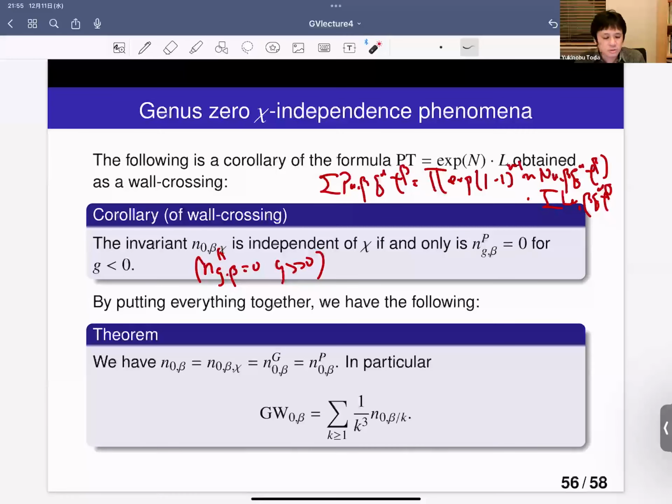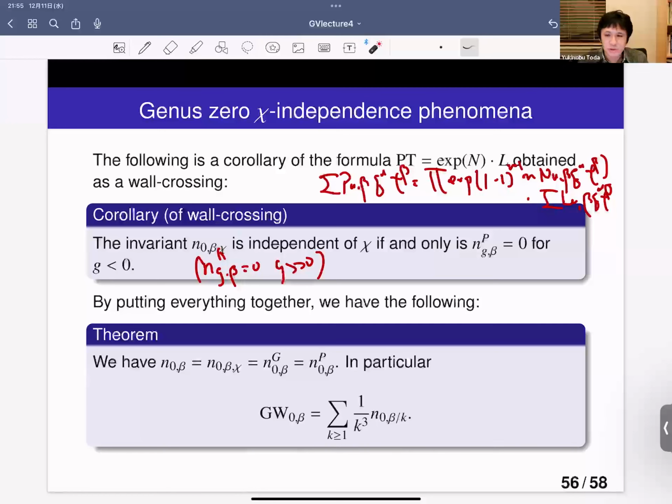But in general, it is still not known how to prove it from purely algebraic geometry. On the other hand, using symplectic geometry and also the GW/PT correspondence, we know that this is true.